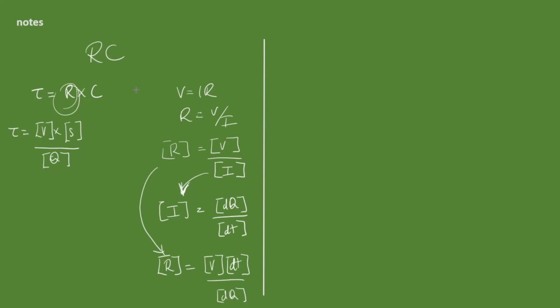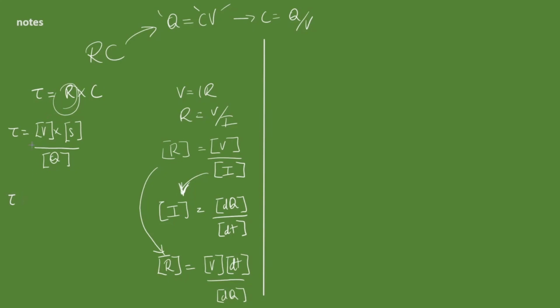But what is capacitance? Our formula for capacitance is Q is CV: this is the charge, this is the capacitance, this is the voltage. Capacitance is the charge per unit voltage. If we make C the subject of the formula, we end up with C being Q over V. So let's throw this back in.